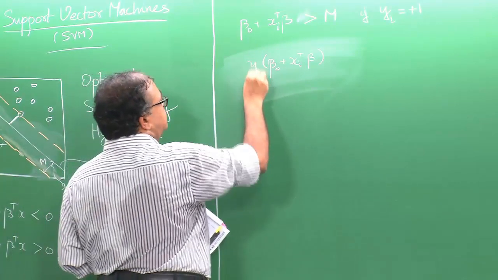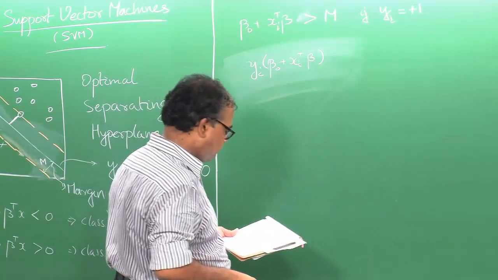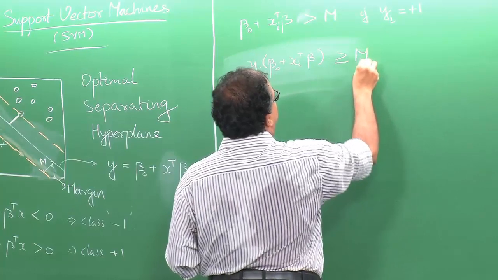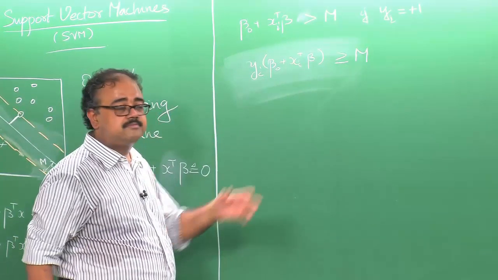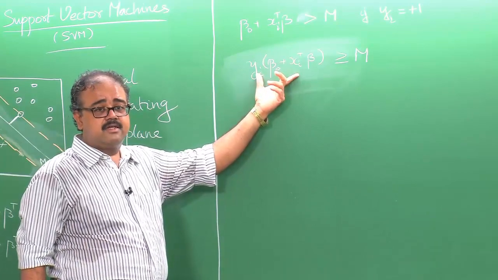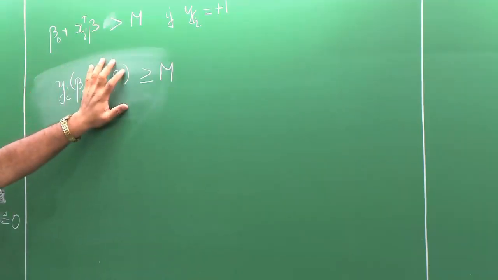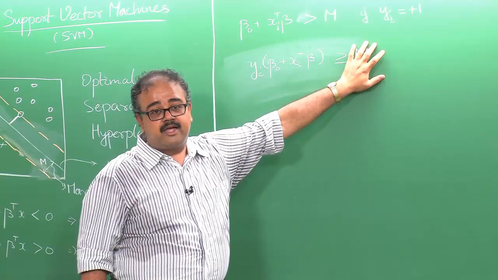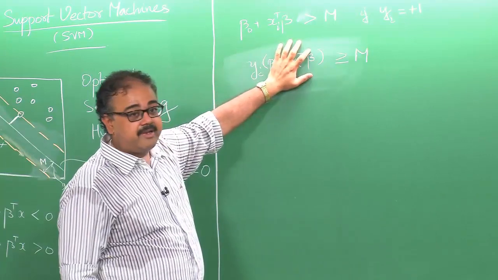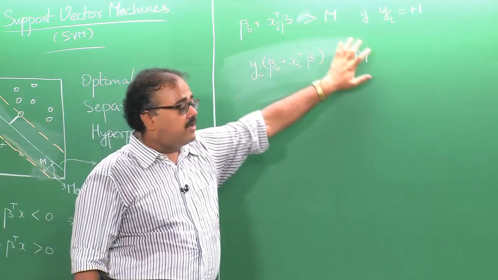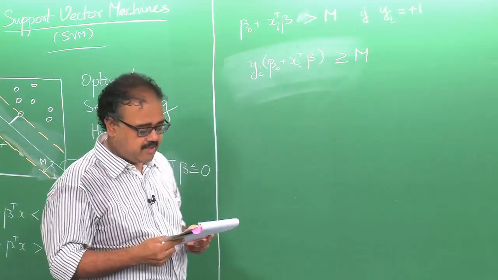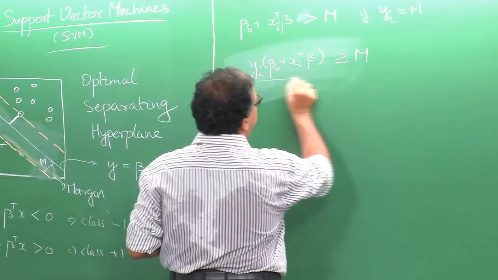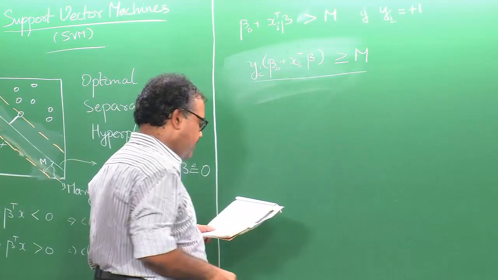So, what I do is I essentially just multiply it by the actual class variable, and I want this whole distance, because if y i is plus 1, I would like this to be positive, and I want it to be at least m away from the hyperplane, and if y i is minus 1, this is going to be negative. So, the product is going to be positive, and I want that to be at least m away from the hyperplane. So, this is the constraint that we want to satisfy. And what is our goal?